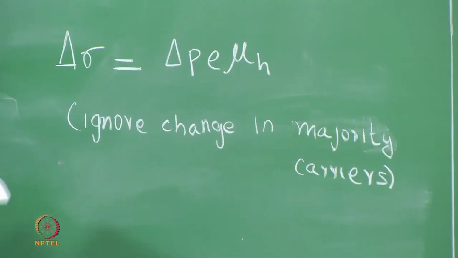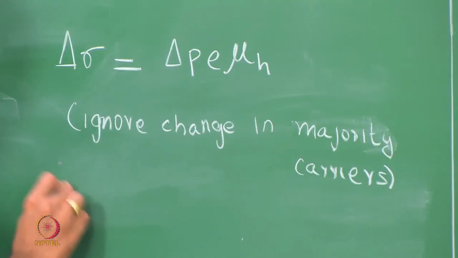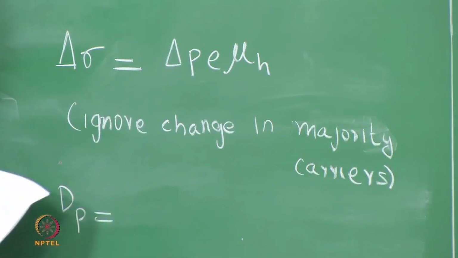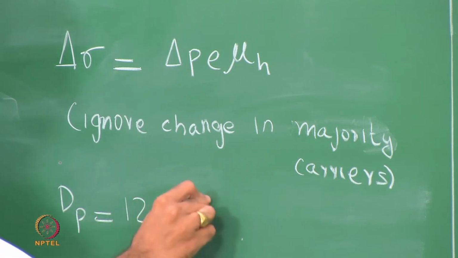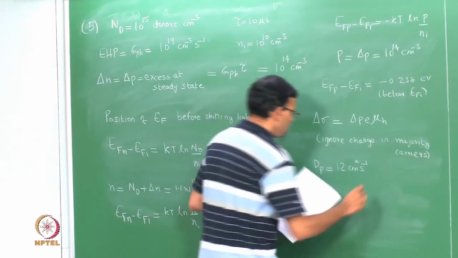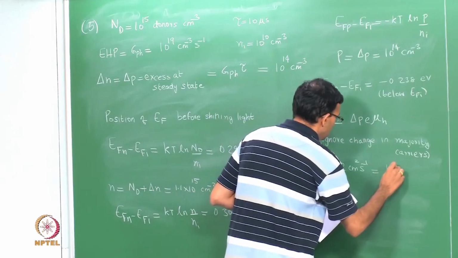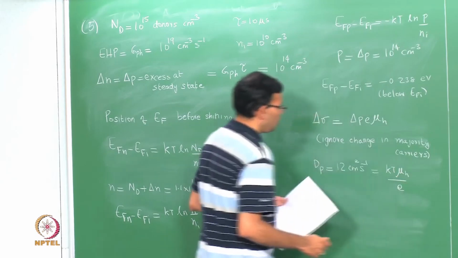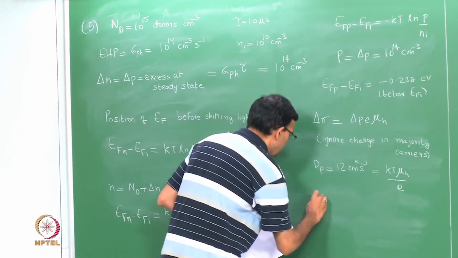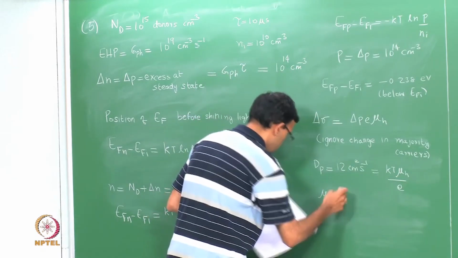So, mu h is not known, but we do know the value of Dp. Dp is 12 centimeter square per second, and this is nothing but kT mu h over e. So, from this we can calculate the value for mu h.